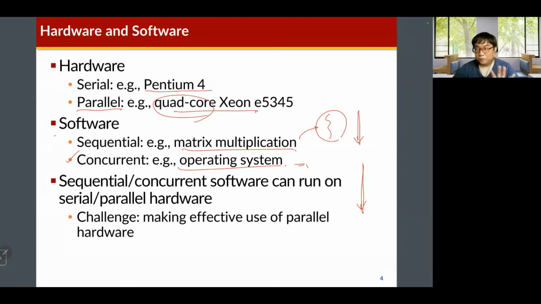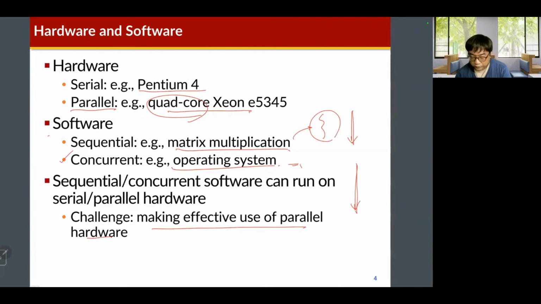So we need to design these parallel algorithms. Designing a parallel algorithm means making effective use of parallel hardware, and it is very critical for exploiting multi-core architecture.